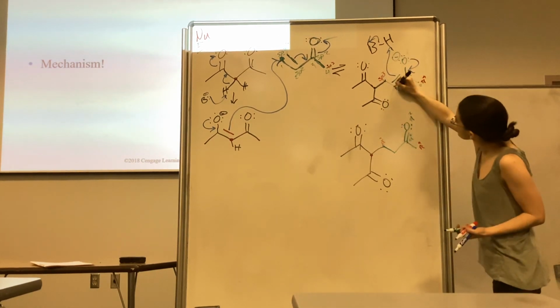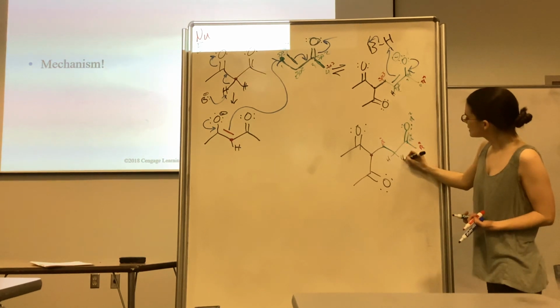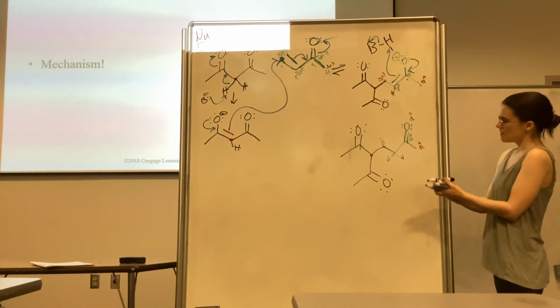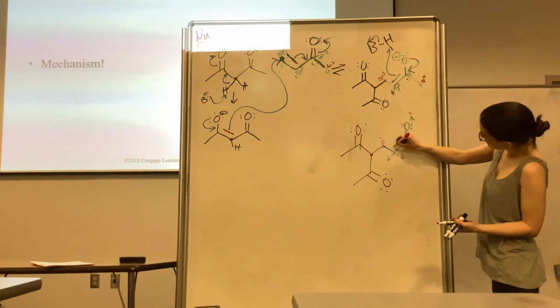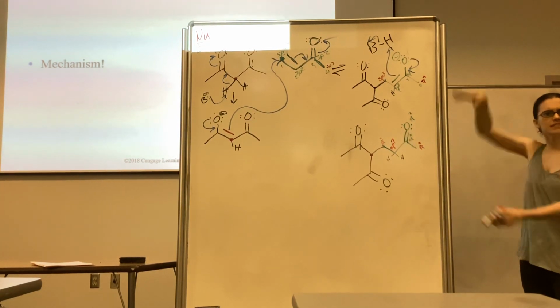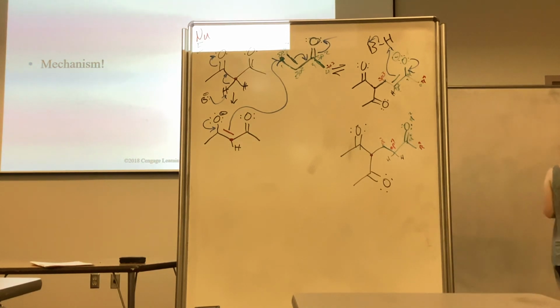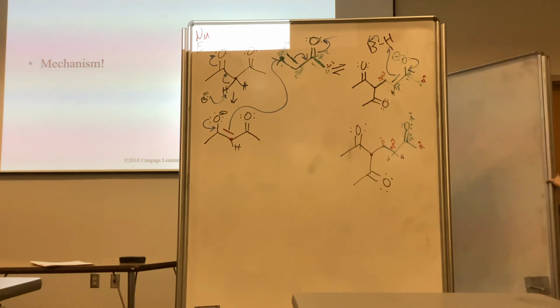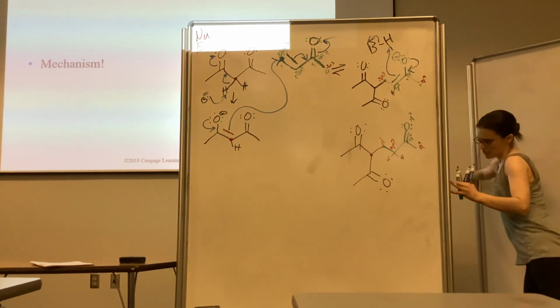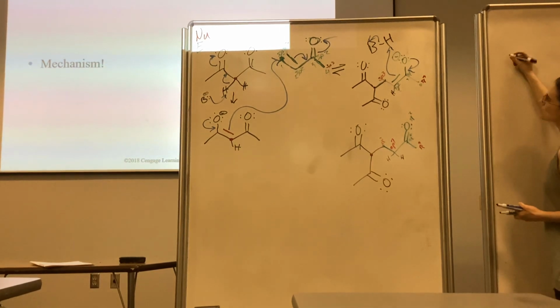So even though this guy has one proton right now, over here, it got itself a second proton, and it's sp3. Yes? Does that make sense? All right. Same exact thing, but we attack the wrong guy.